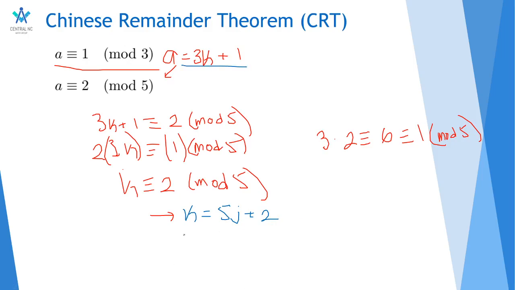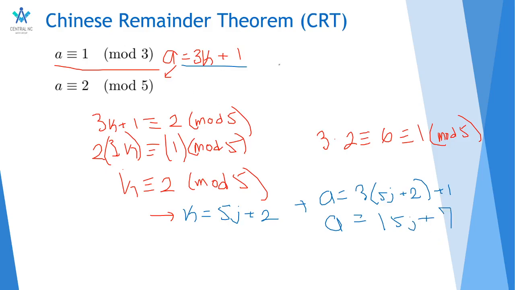All right, so what can we do with this? Well, we have two equations here, and we can actually sub k back into A. So that's going to give you A is equal to 3 times 5j plus 2, plus 1. And simplifying, that gives you A is equal to 15j plus 6 from here, and that plus 1 there, so that's plus 7.